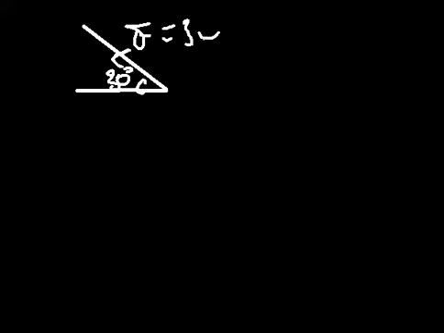For instance, let's say we have a vector going over like that, acting against the horizontal at an angle of, let's say, 30 degrees. Of course, we know that we have to resolve the vector into components. Let's say the vector is F equal to 30 newtons.